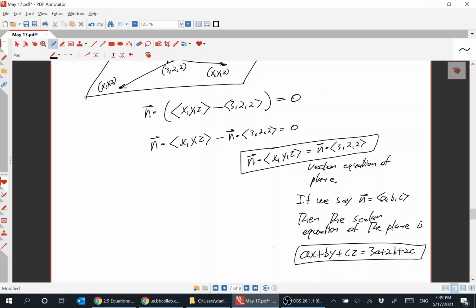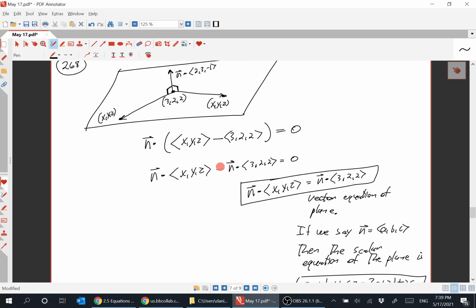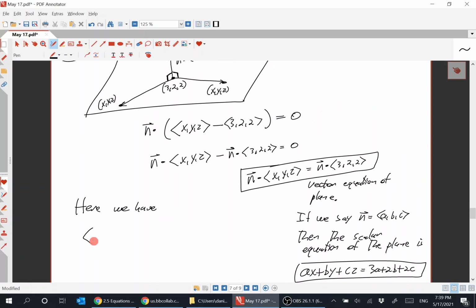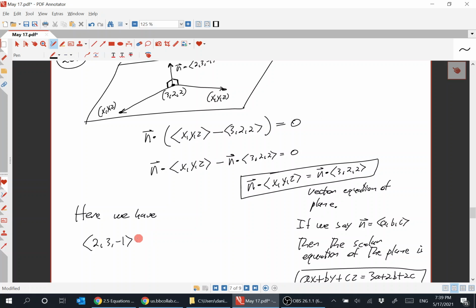And that will be your scalar equation of the plane. So in this case, we have n is 2, 3, negative 1. That's n dot x, y, z is equal to n, 2, 3, minus 1, dot 3, 2, 2. Real simple.